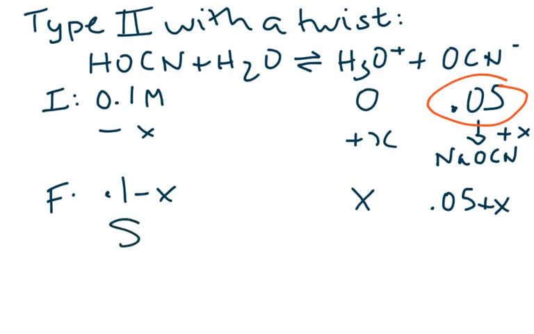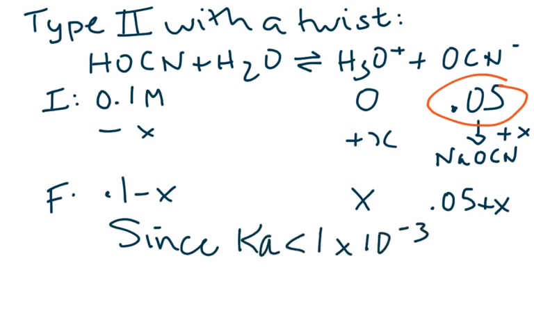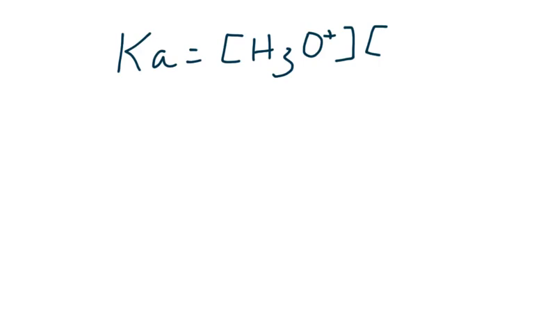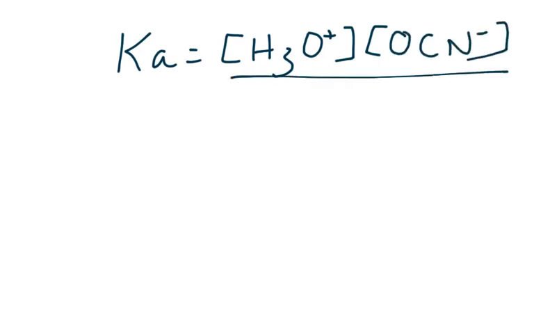Now, since Ka is smaller than 1 times 10 to the negative 3, we know we won't have to use this, and we won't have to use this when we figure out our equation. So now we're going to find the Ka, and Ka equals H3O plus times OCN minus over HOCN.